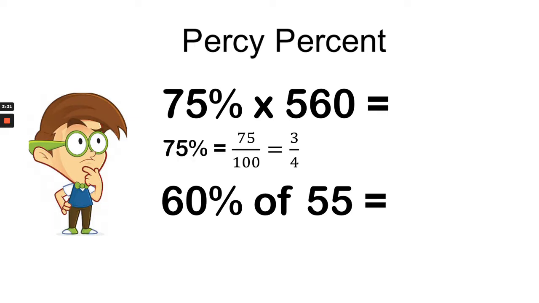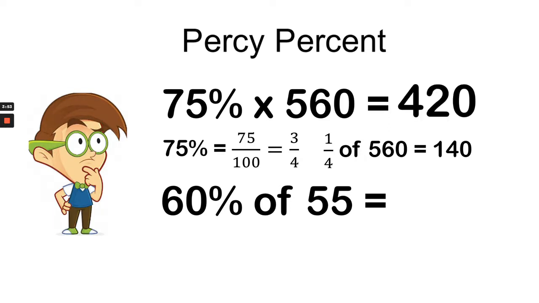Percy knows that 75% is 75 out of 100, which is exactly the same as 3/4. Percy's finding 3/4 of 560. First step, find 1/4 of 560, which is 140. Now he just wants 3 of those, 3/4, to give him 420.